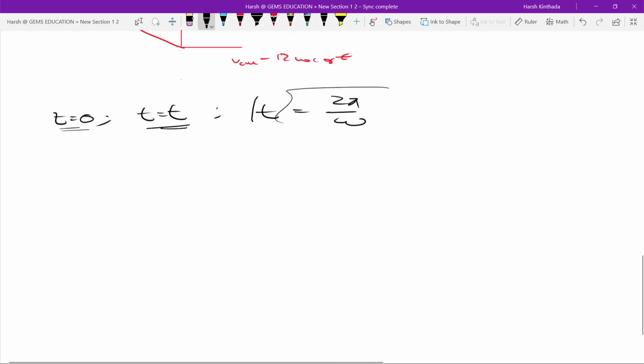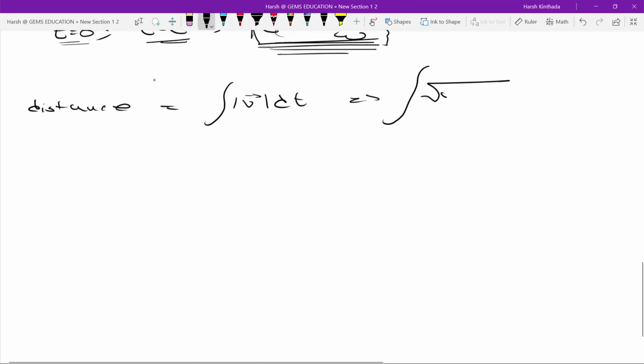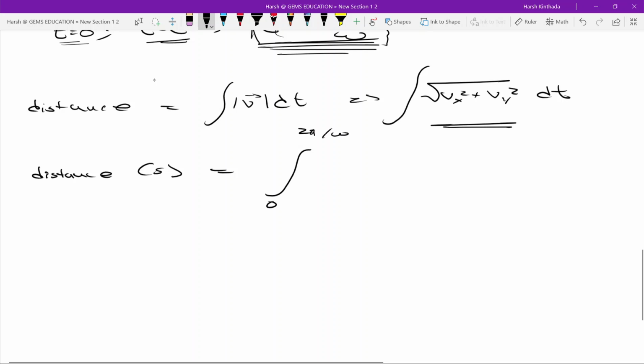So we take t equals 2 pi by omega, and distance is the integral of the magnitude of v into dt, where the magnitude of v is the square root of vx square plus vy square. So distance s equals the integral from 0 to 2 pi by omega.